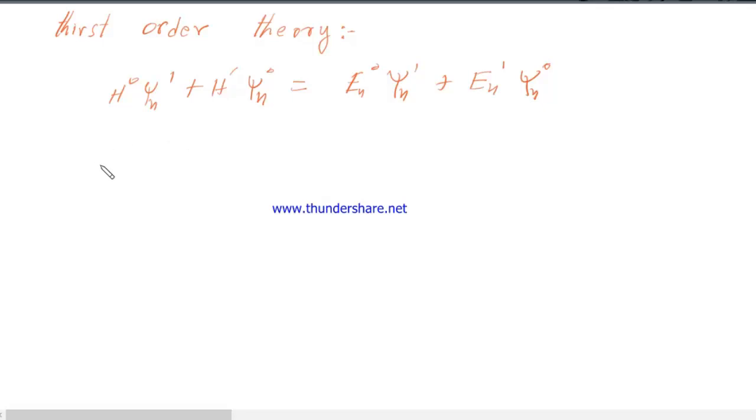Now we multiply by psi n0 star and then integrate the above equations.